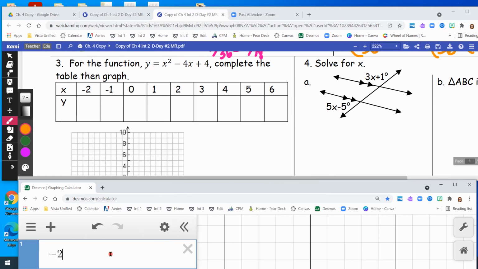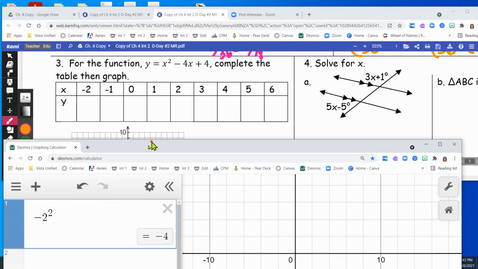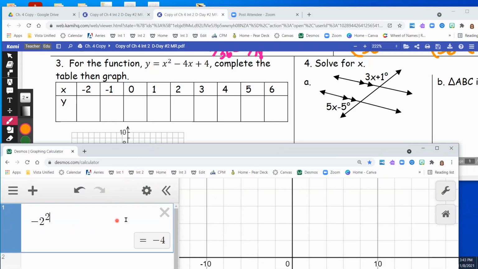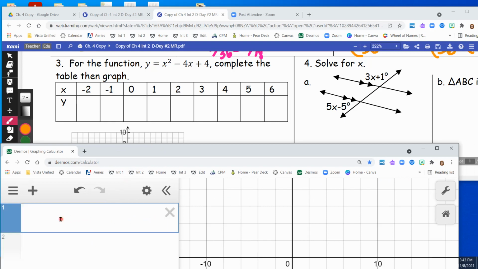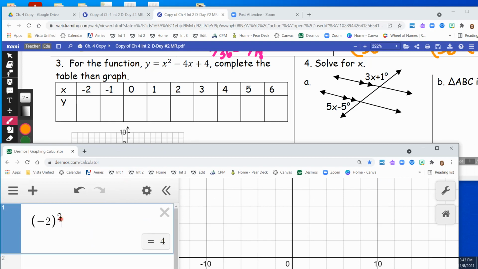If I just go -2, and you can see it down at the bottom of my screen, raise the power 2, it is going to give us a -4, which is not the proper answer. So we want to be careful. We need to go parenthesis, -2, raised to the second power. That gives me a 4, minus 4 times -2 plus 4.